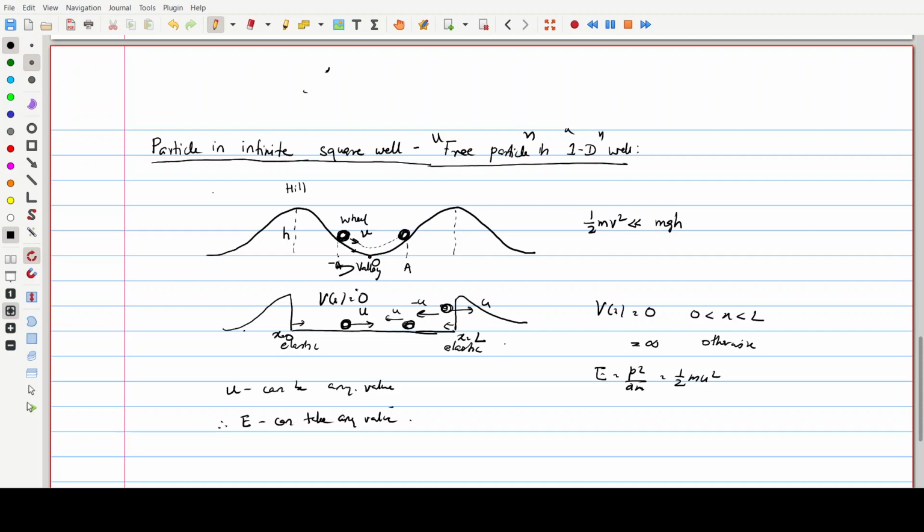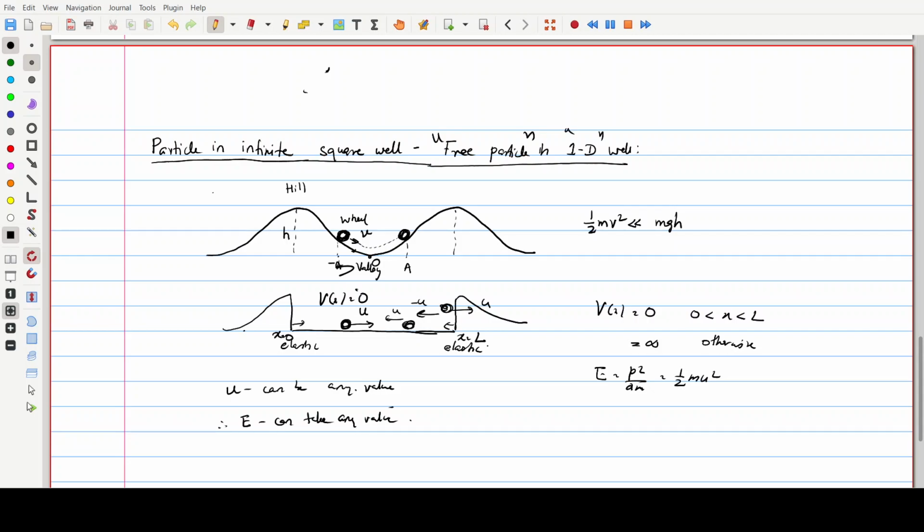Okay. Now we are going to apply quantum mechanics to this, and by using the principles of quantum mechanics, we can discuss what will happen to the motion or the energy of this particle if it is a quantum particle. So in this case, it is a classical particle, and a classical particle can take any energy, there is no restriction.